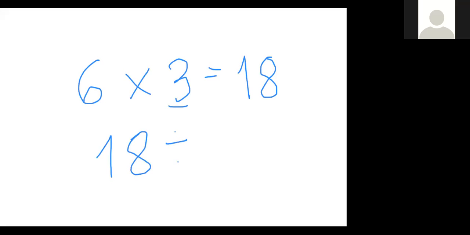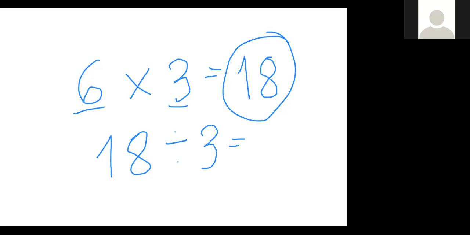So this is the total muffins, right? 18 divided by 3 equals, this is the answer, 6. Very good. Now, if we're going to multiply, 3 times 6, how many? 18. Very good. So the answer is 18. Did you understand? Yes. Okay, very good.